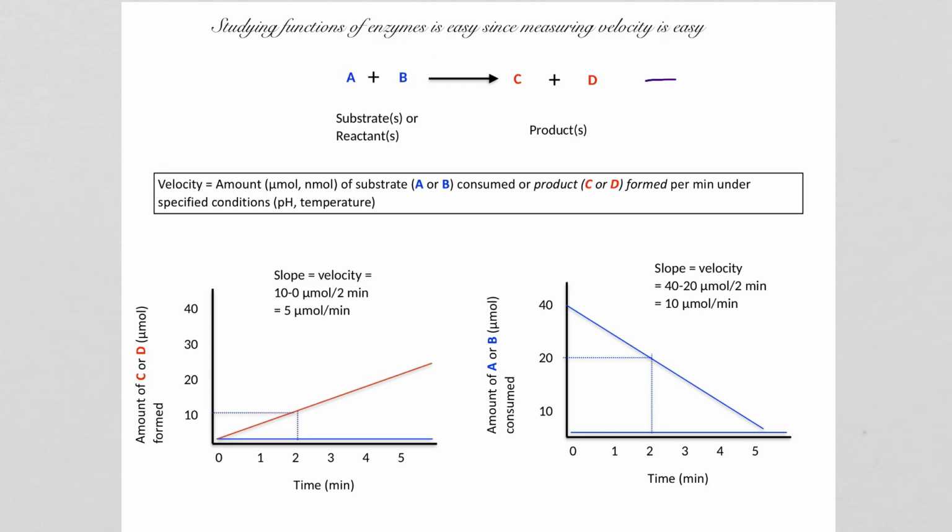So consider this reaction where the substrates or the reactants A plus B react to give you the products C plus D. The velocity or the rate of this reaction is basically the amount, and the amount could be in units such as micromoles or nanomoles, of the substrate or reactant, that is either A or B, that is consumed, or the product C or D that is formed per minute under specified conditions.